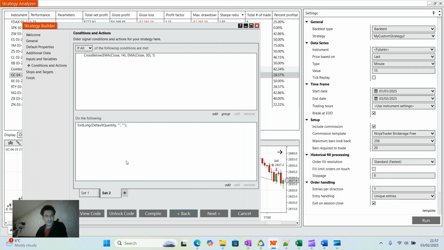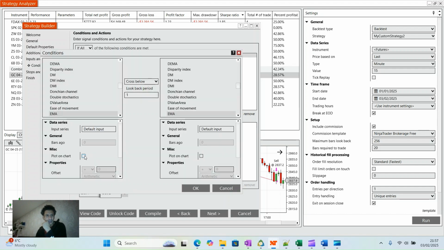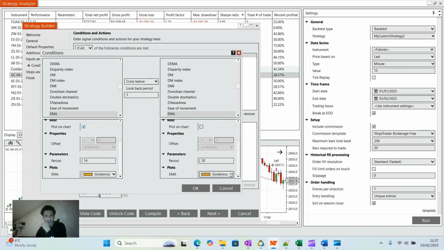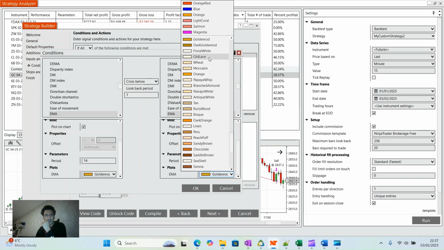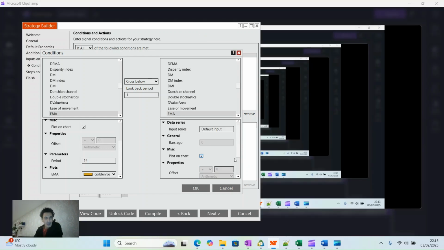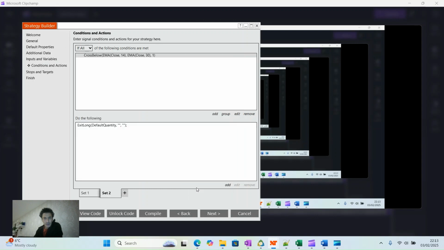For the volume ones, I'm also going to plot just the faster one, and I'm going to use some darker color. And if I come back here, I want to show those two, the volume, and plot them just to see the behavior. Okay, so let's compile this.